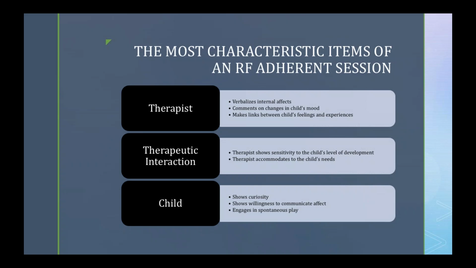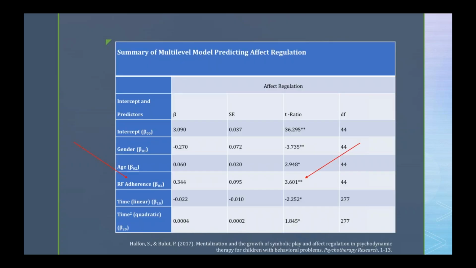And we hypothesized that mentalization processes in psychotherapy would be significantly associated with children's development of affect regulation over the course of treatment, meaning adherence to mentalization in the sessions would help children develop better affect regulation capacities, which we actually found if you look at the row with the red arrows.